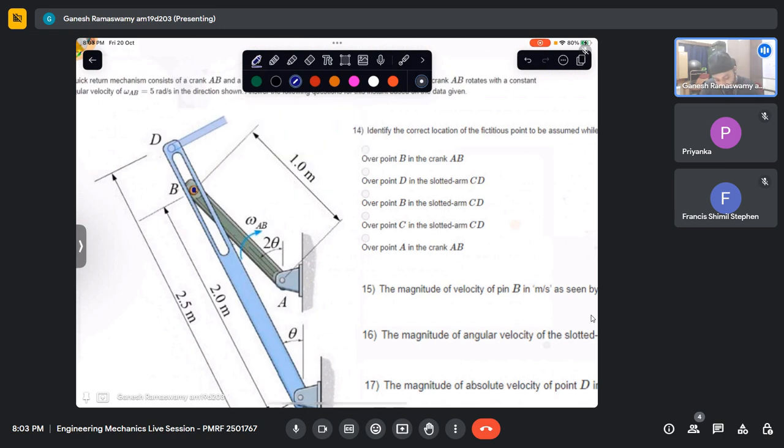In this case, whatever velocity you measure, whatever acceleration you measure happens to be ARL itself. So if you are observing this peg or pin B while rotating with this member and you observe that it is moving with some velocity VRL, and after some time you have again made the measurement and deduced that it is increasing its velocity, that means ARL is positive and along this direction only.